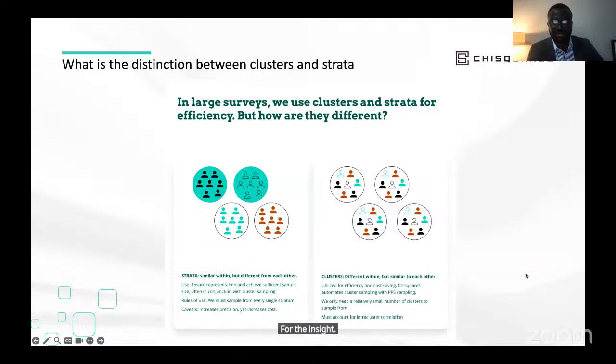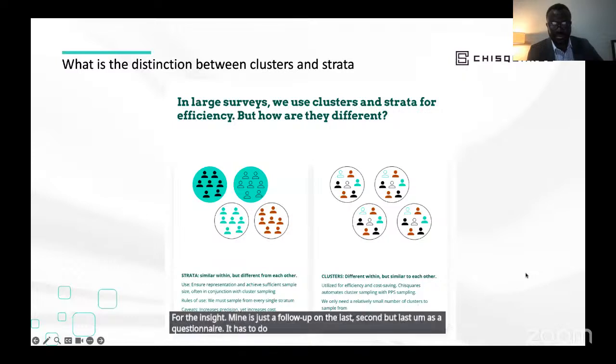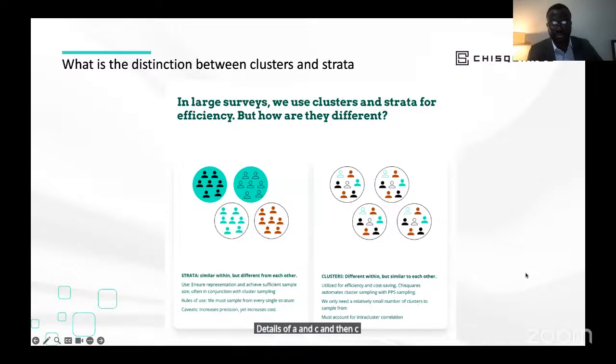Mine is just a follow-up on the second but last questioner. It has to do with a survey, like in a region, you intend to carry out a rural-urban survey on data of ANC and then skilled-based delivery utilization.